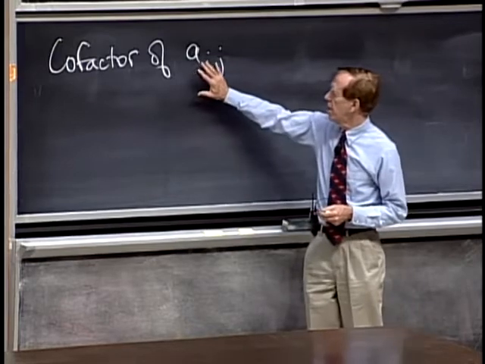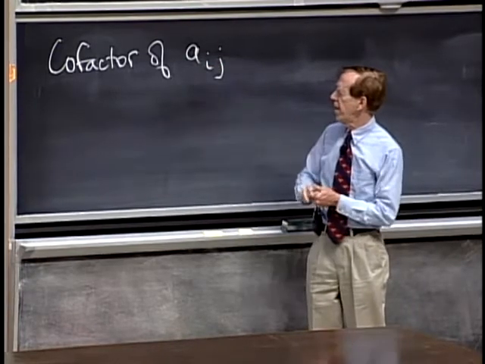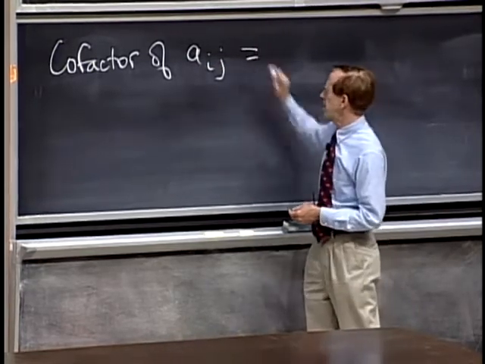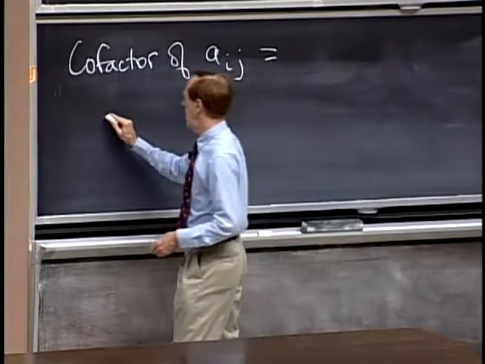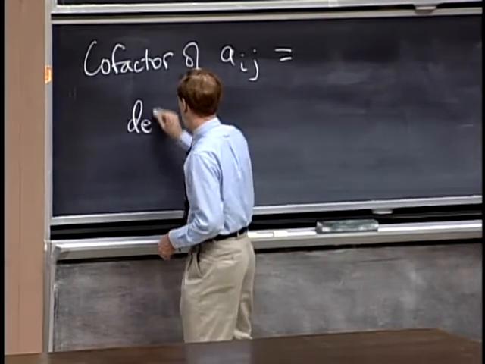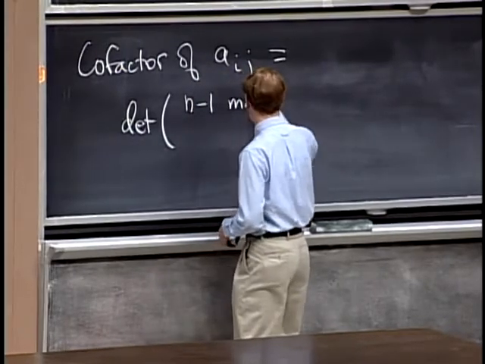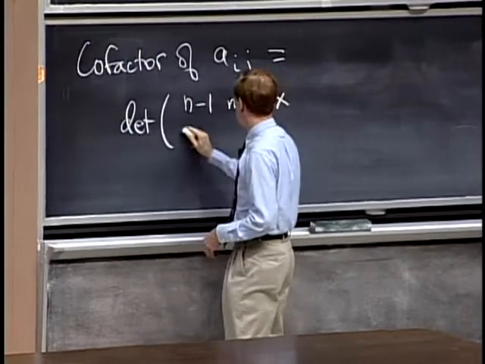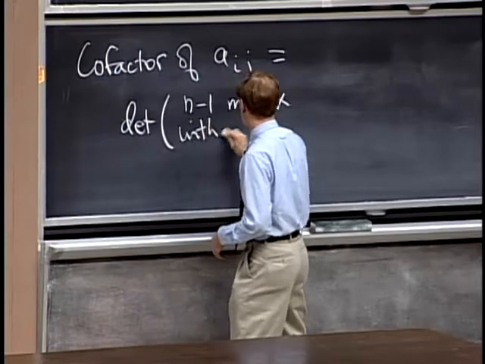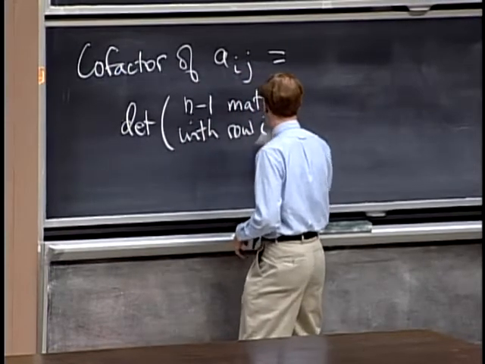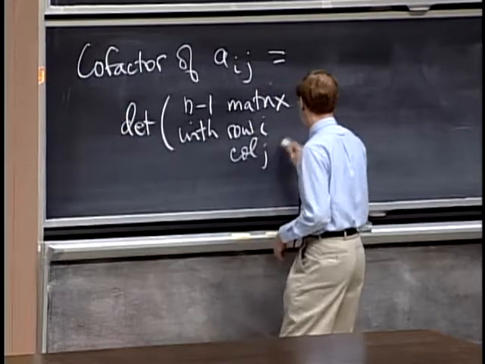All right, so what terms involve Aij? It's the determinant of the n-1 matrix with row i, column j, erased.